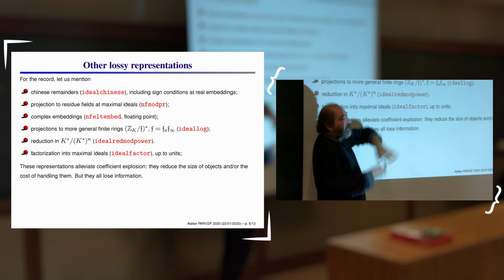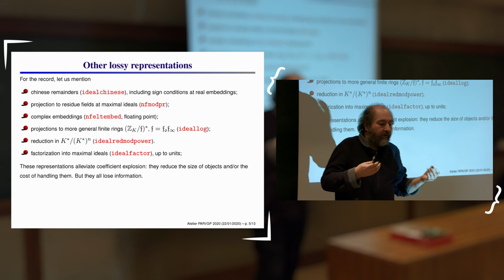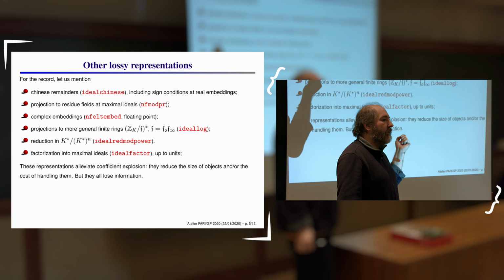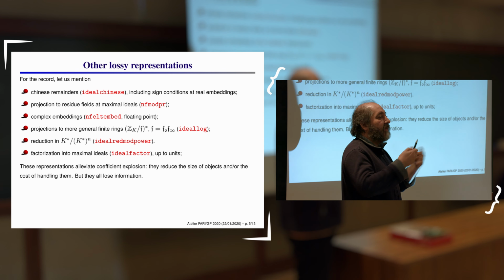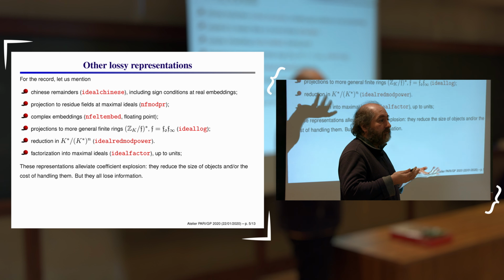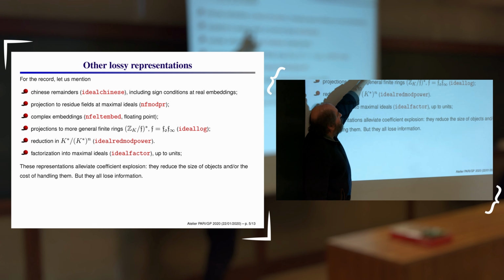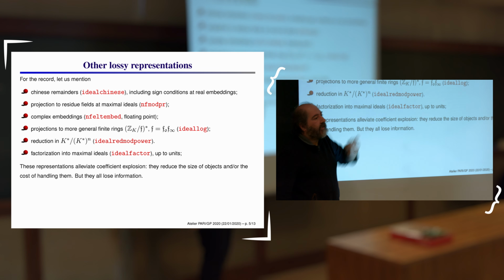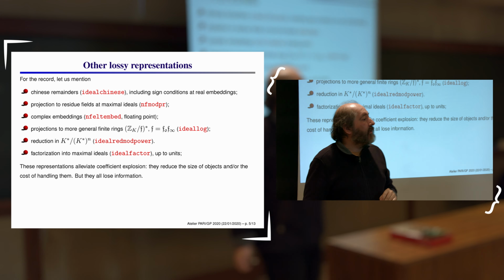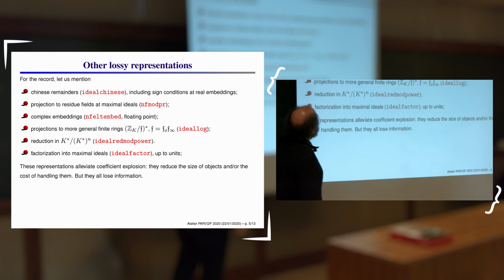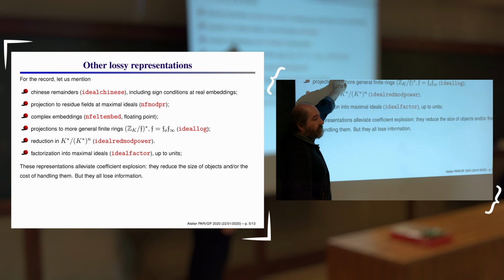Of course, representing elements by a list of congruences, we completely solve the problem of having a coefficient explosion. But we lose information. Okay, this is a direct case. We just work in the residue field. Okay, it's finite, small. We can work with complex embeddings.